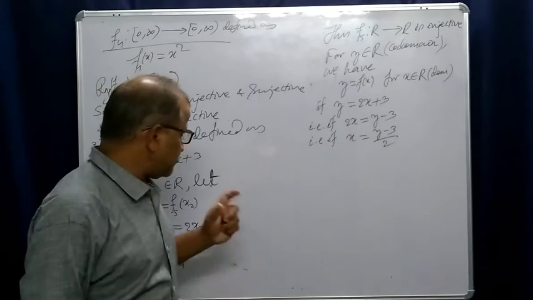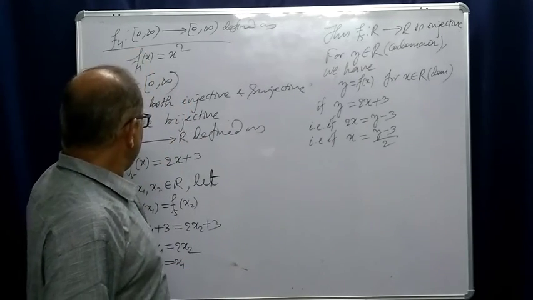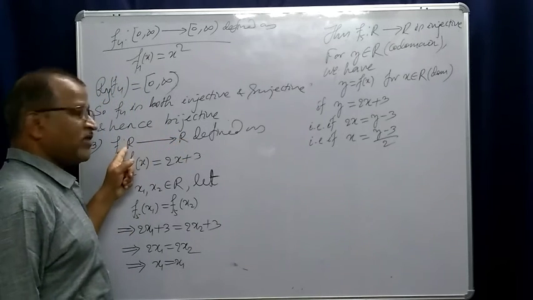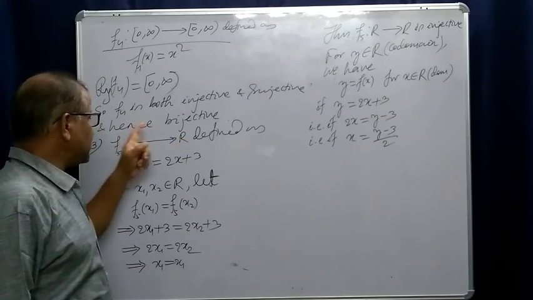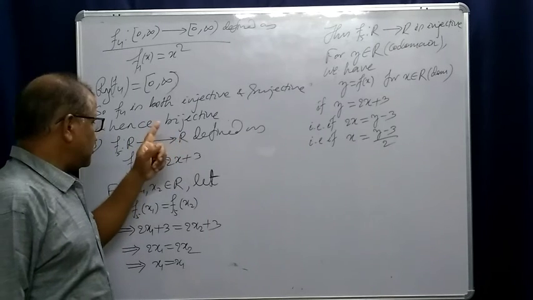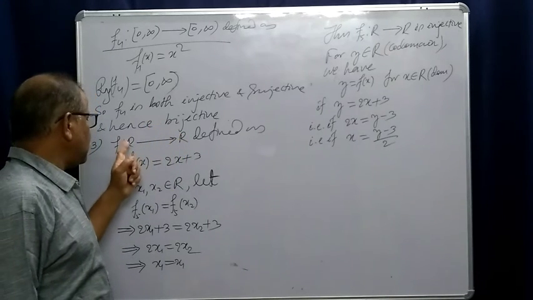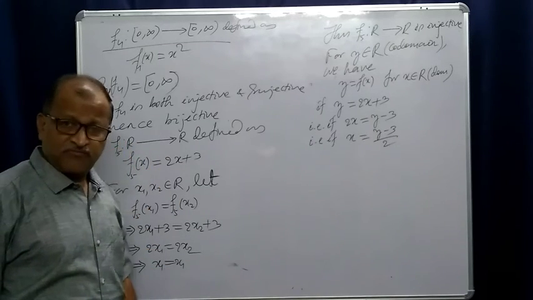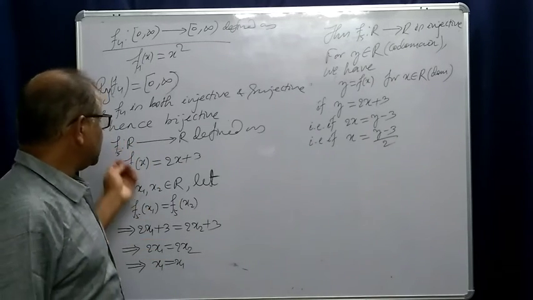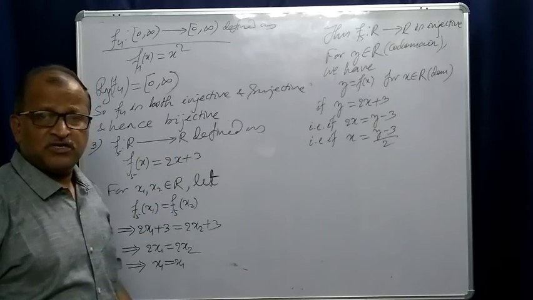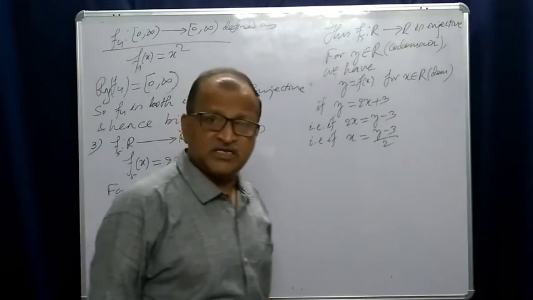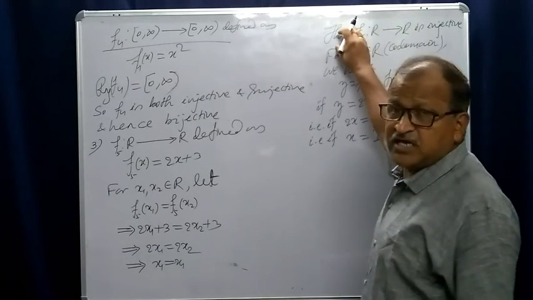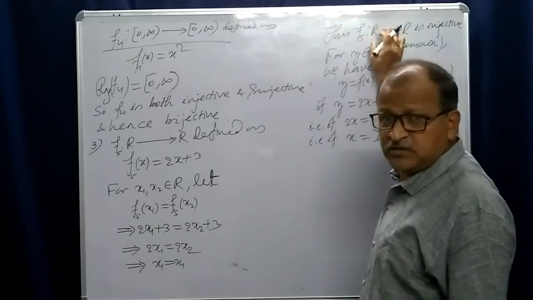Yes, I have told you that it will be surjective if for every y here we will find x here such that f(x) is equal to y. For every y here we will find x in R such that f5 of x is equal to y. If we will be successful, then we say that it is surjective. For every y here you are getting x here, so whose image is y?